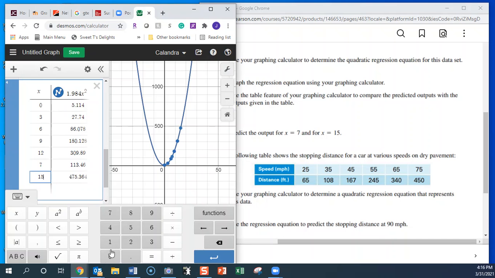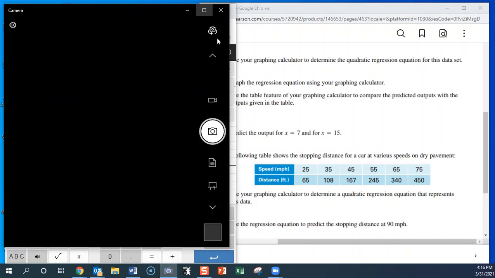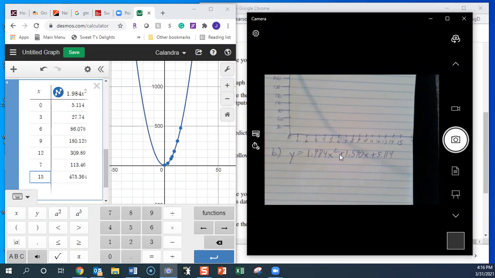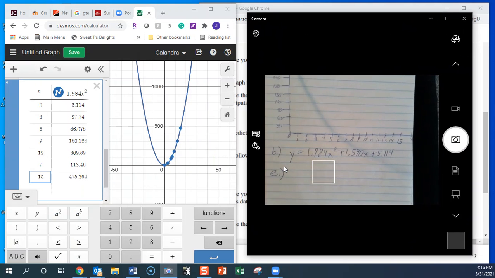Let me write this out here. So E, we will have 113.46 and we will have 475.364. That would be our answers for E.